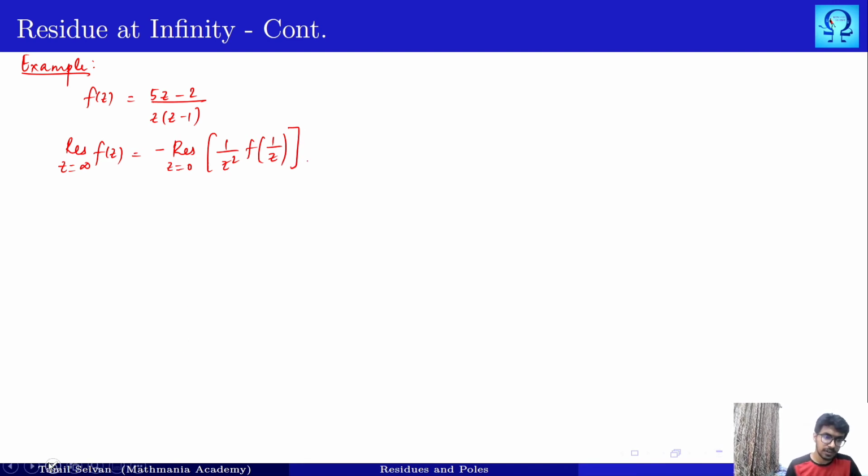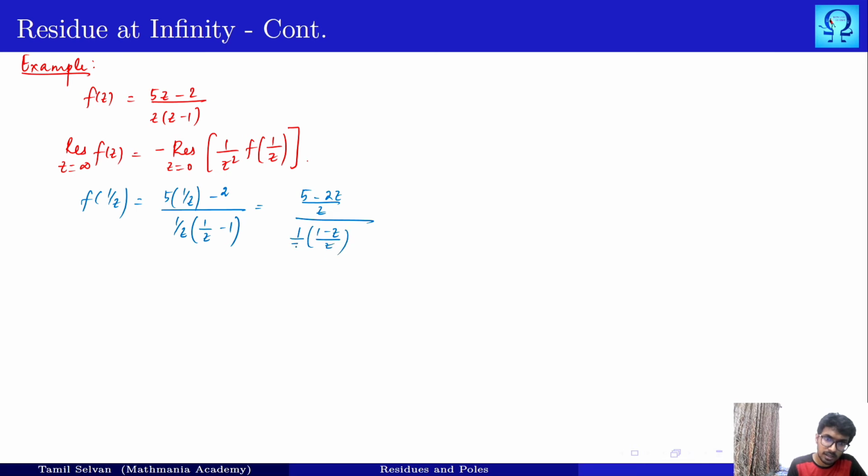So now let us find f of 1 upon z, which is 5 times 1 upon z minus 2 upon 1 upon z multiplied with 1 upon z minus 1. So this is simply 5 minus 2z upon z divided by 1 into 1 minus z upon z. Here also we have z, so 1z and 1z get cancelled, or we may simply have 5 minus 2z, if I'm not wrong.